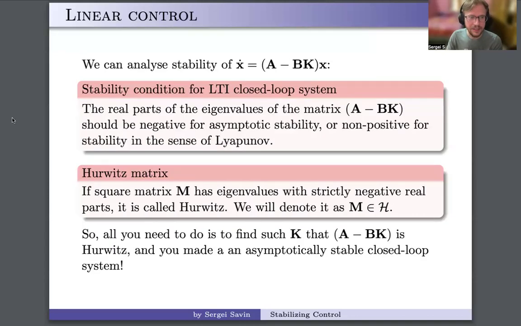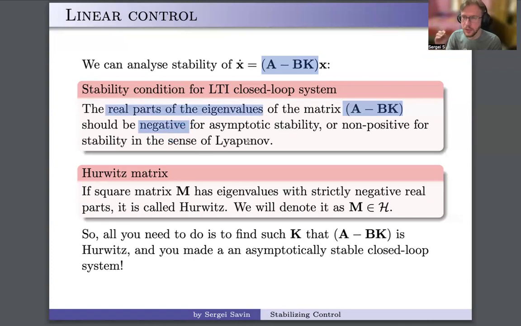Now let us analyze stability of this closed loop system, x dot equals (A minus BK) times x. As I said before, we can analyze it using eigenvalue analysis. We take this matrix and we notice that for asymptotic stability, it should have negative real parts of the eigenvalues.